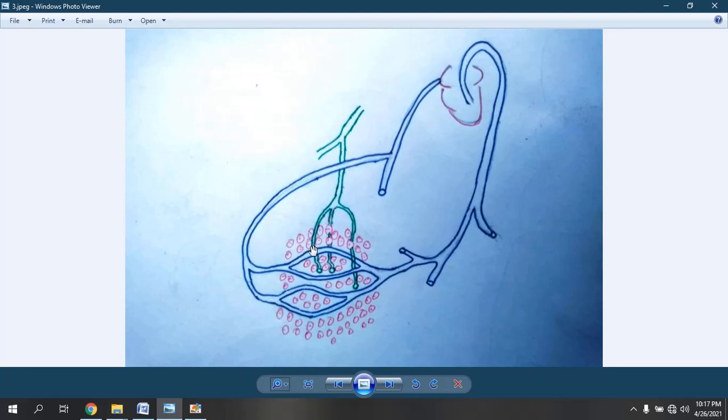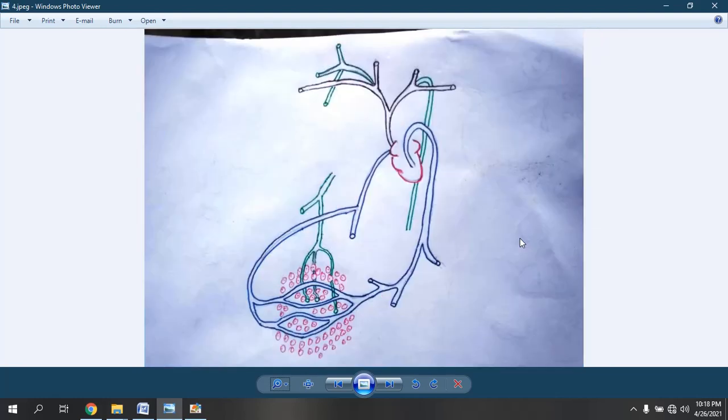There is no difference in composition of the lymph and interstitial fluid. The only difference is that the interstitial fluid is present in between the interstitial spaces, and the lymph is present inside the lymphatic vessels, lymphatic capillaries and the whole lymphatic system.